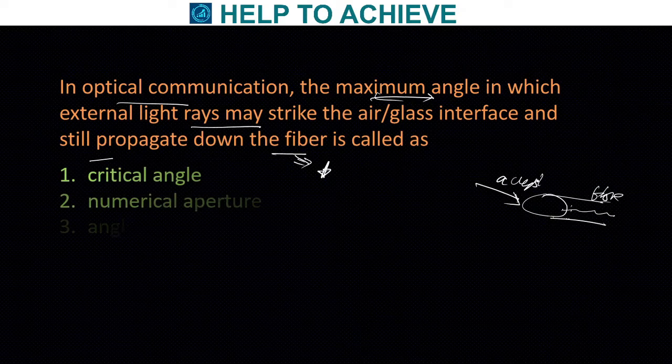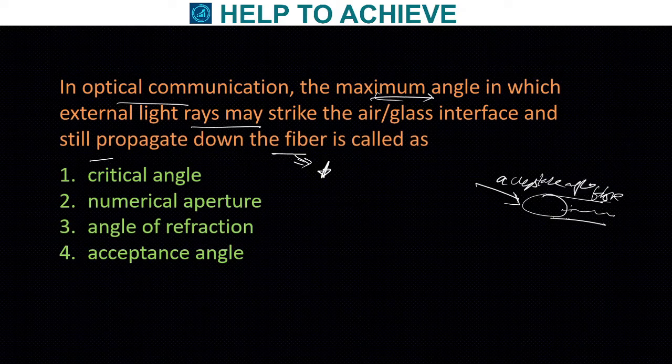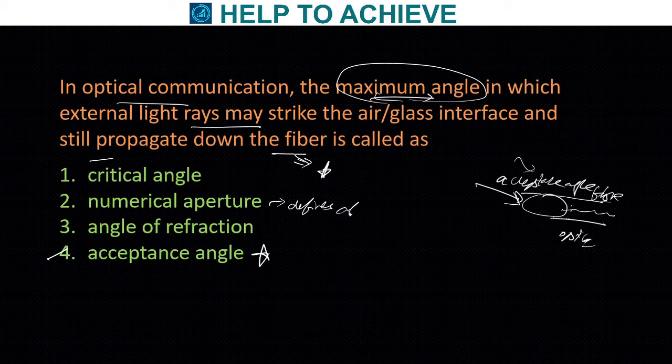So the correct answer is the acceptance angle. Whereas numerical aperture defines the ability of the fiber, where it gives the maximum angle at which the fiber will allow the light to pass.